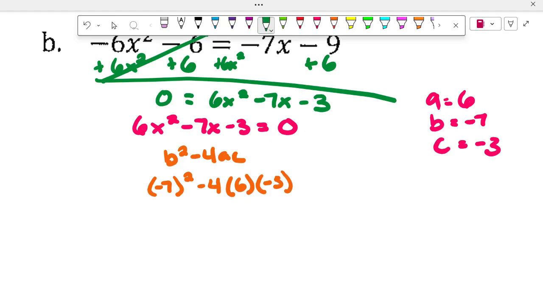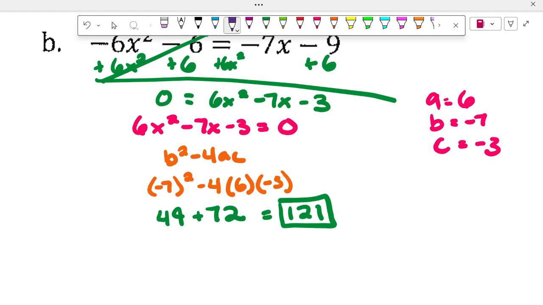So what is negative 7 squared? 49. All right, what's negative 4 times negative 3? Positive 12 times 6. 72. So if I add those together, I get 121.